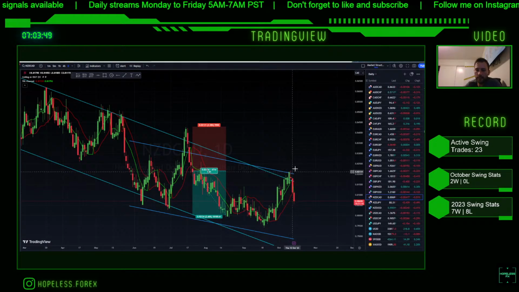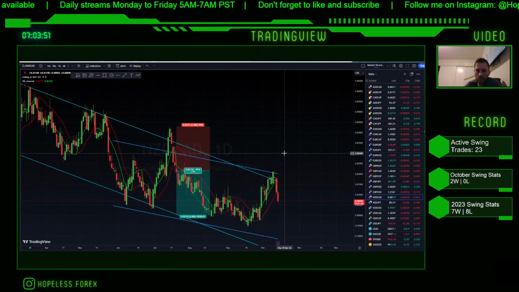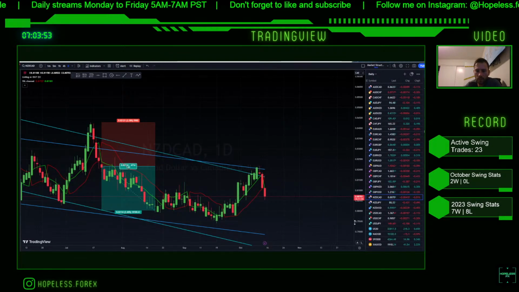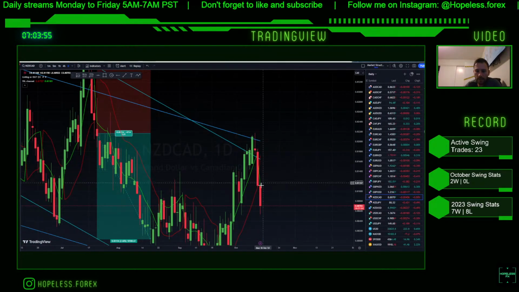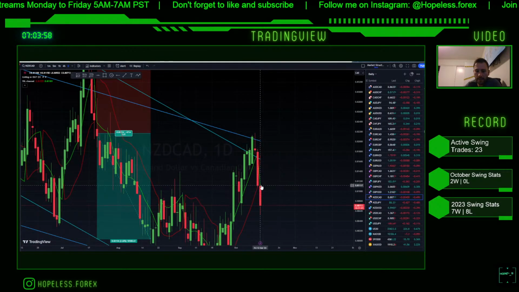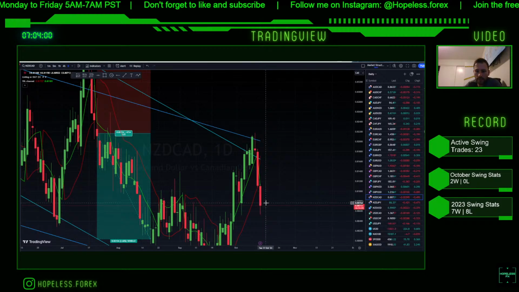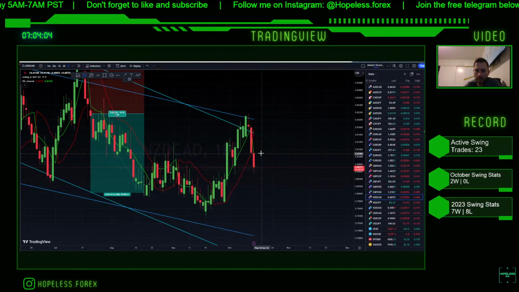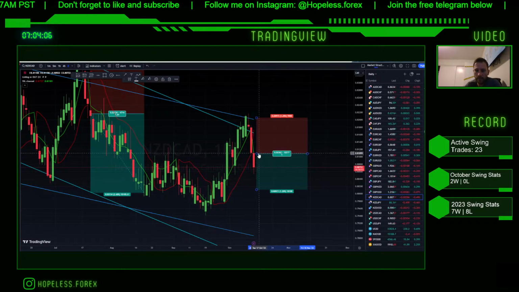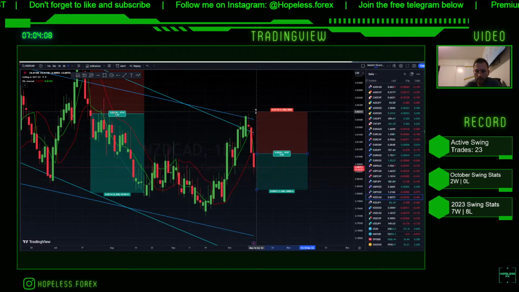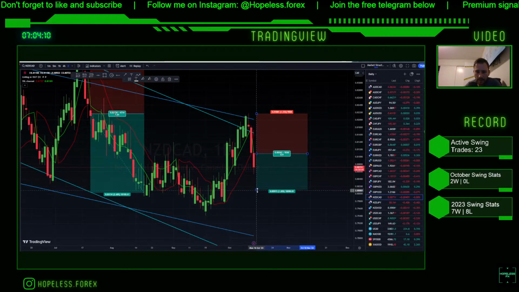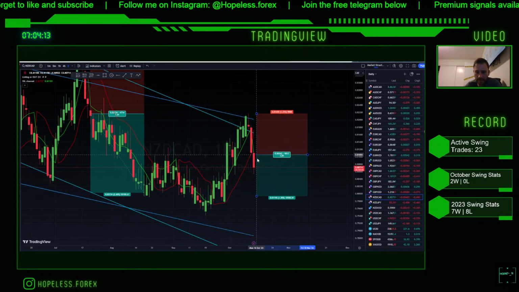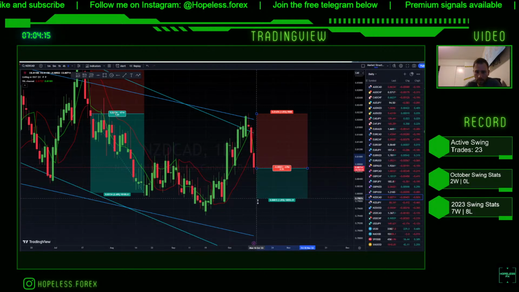NZDCAD, this looks like it could be a good entry today. So honestly, again, the SSL swap is about right here. So the fact that it had this huge red day below the SSL swap makes me want to do similarly to the CADCHF and put in a limit order up here so that I have an order that looks something like this instead of something like this.